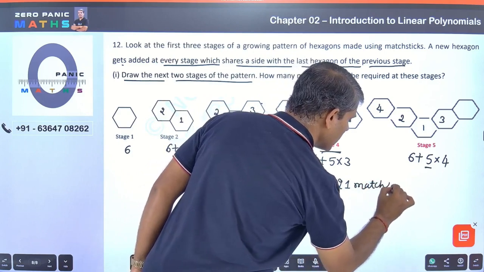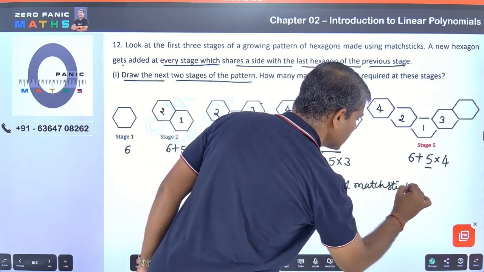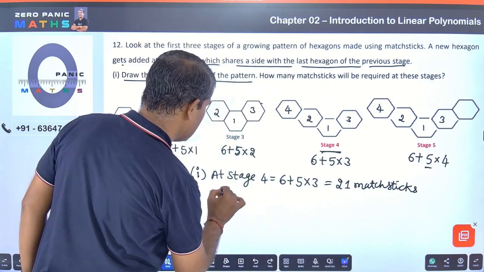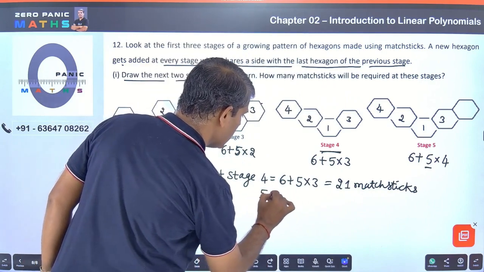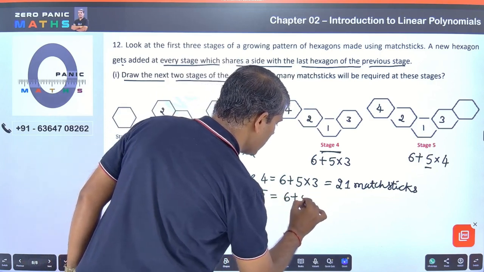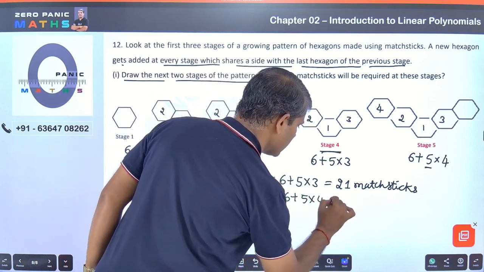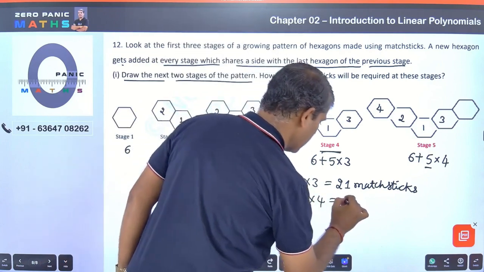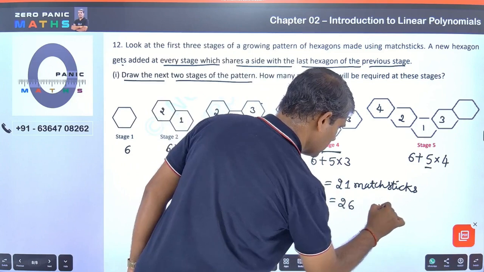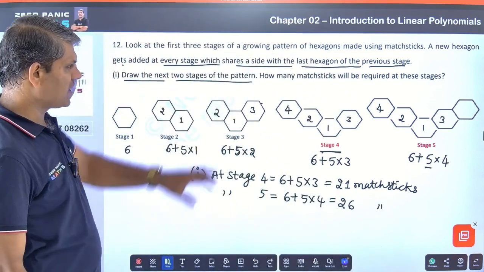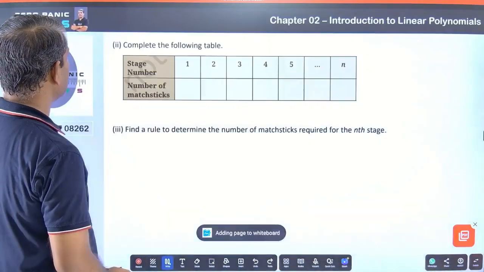Similarly at stage 5, it is 6 plus 5 into 4 additional hexagons, so 20 plus 6, that is 26 matchsticks. Now what is the second part of this?